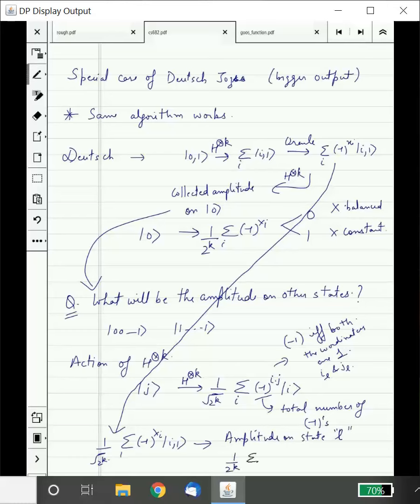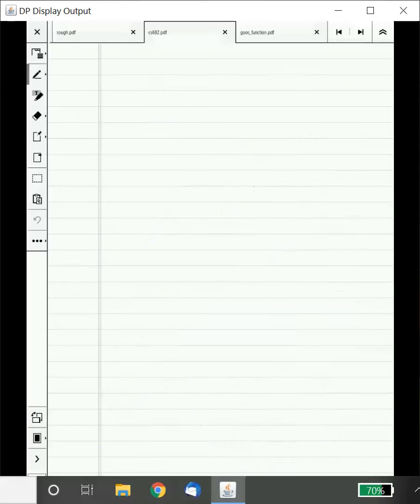Every I will contribute. First xi, this is coming from here, and then another factor of I dot L. This is because of the Hadamard mode. This is what the state I will contribute, and then we will sum up over I. Let me write it on a new page, and then we will see that this is actually in a very good form.